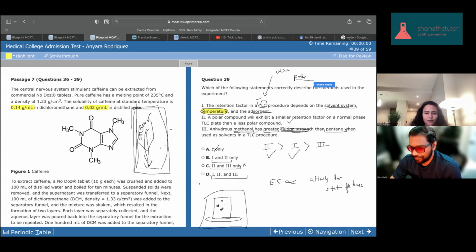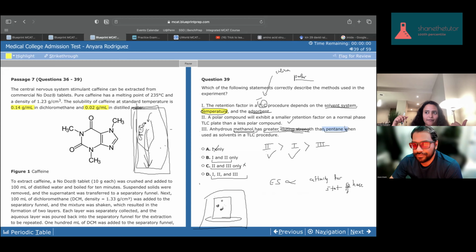Okay, that's what I thought. And so if it's polar, and when it says when used as solvents in the TLC procedure, you're using methanol and pentane as solvents. So this is like our solvent front traveling up. That makes sense, right? Because methanol is polar, it's going to be able to travel up farther in something polar.